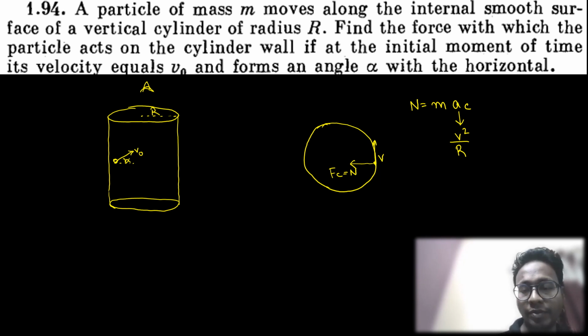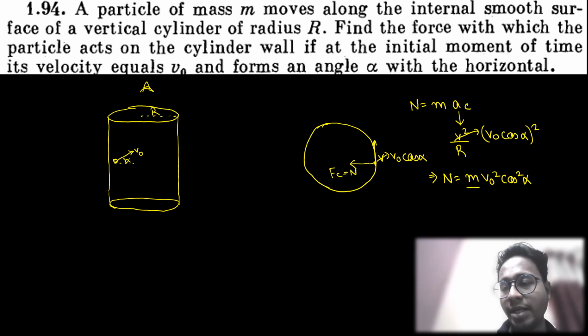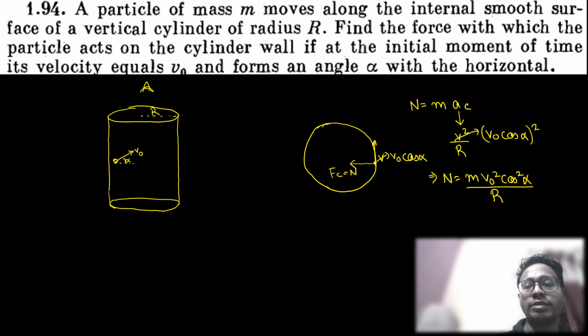So here v will be v naught cos alpha, not theta, sorry, v naught cos alpha. So here, v naught cos alpha whole square. So the normal reaction force is equal to mass into v naught square cos square alpha by r. So that is the value of the normal reaction force.